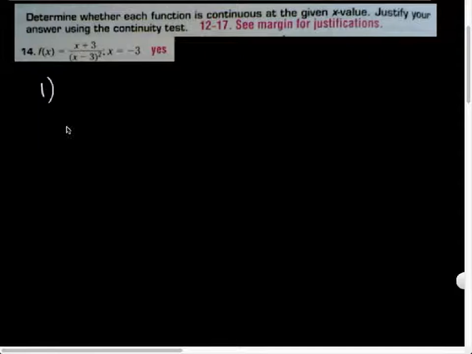Some of this you could figure out through some sort of table-type approach, really. The first part of the continuity test is, does f of c exist? So, for instance, does f of negative 3 exist is the question. So, negative 3 plus 3 all over negative 3 minus 3 all squared.